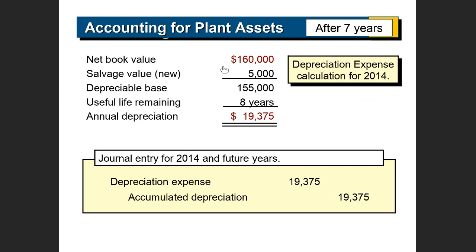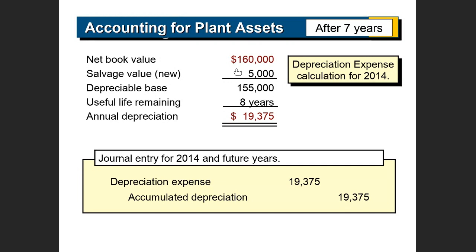Okay, so you have a net book value of 160,000, right? And now your salvage value is going to be 5,000. So you're going to start as if you're starting the depreciation again. 7 years are gone.